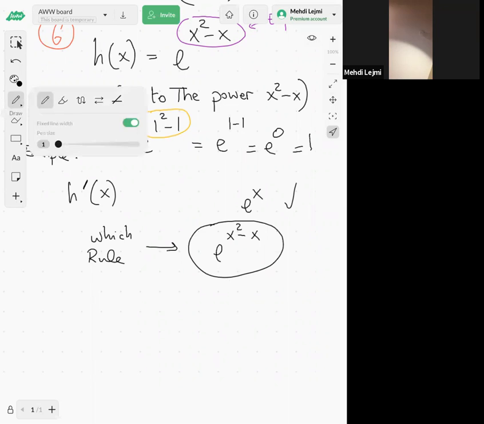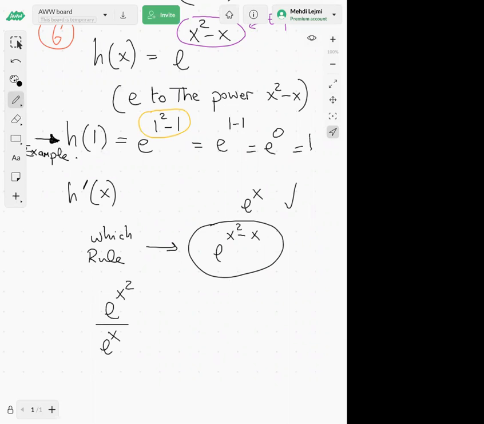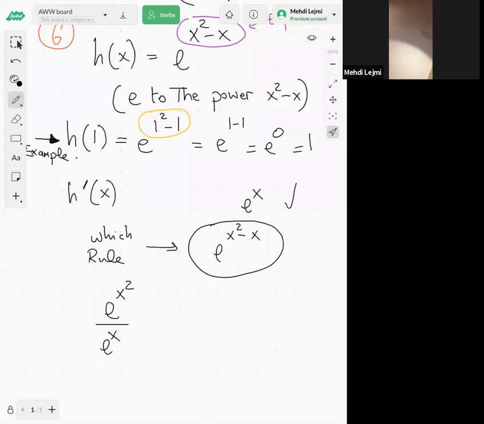Actually, that's true. You can write e to the x squared over e to the x. That's what you are saying, right? Yes. But now you still have a problem. You know the derivative of this, but what about the derivative of e to the x squared?